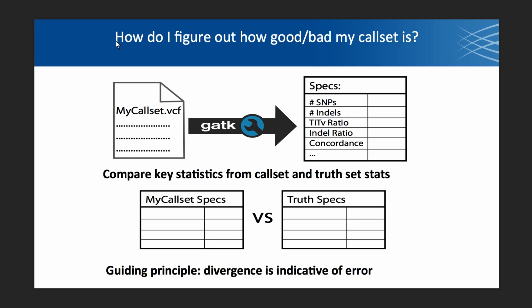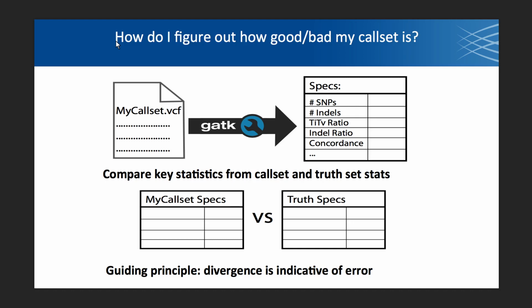And then you look at those stats on your call set. You can calculate those stats on a different call set, and you compare them. And then you can say, well, this is something that someone else published. It was good enough for them. Hopefully, my data set is also good enough if the stats are similar. That's basically how it goes.